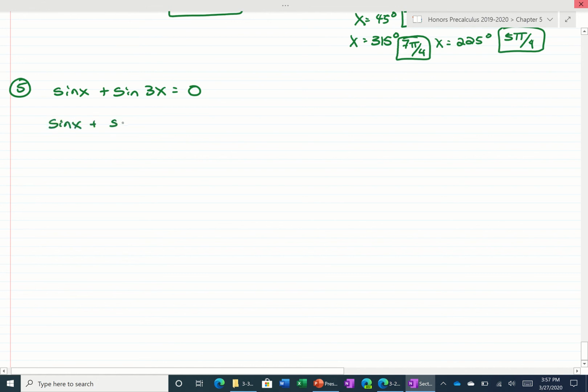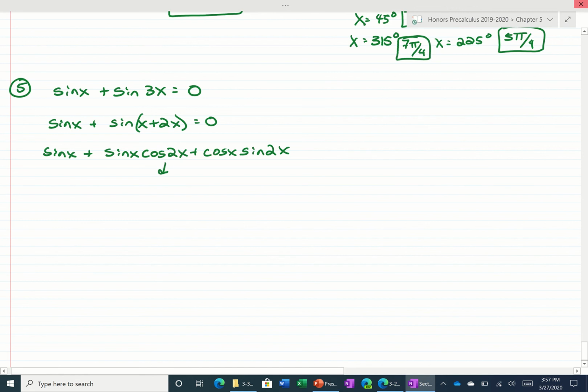Sine of x plus, this is the sine of x plus 2x is equal to 0. So the sine of x plus sine of the first, cosine of the second, same sign, cosine of the first, sine of the second.